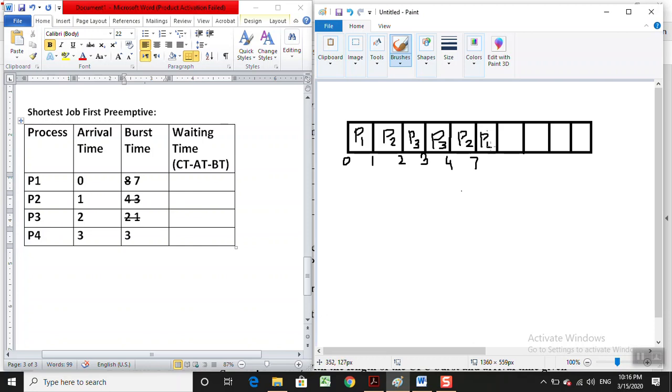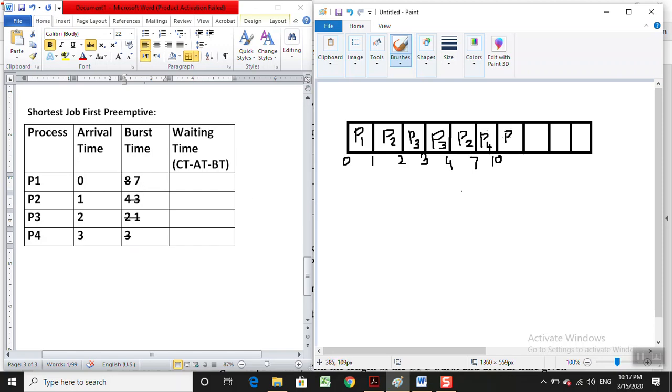P4 will be scheduled and this is also done. So how long does it have to continue its job? Until 10 milliseconds. That is 7 plus 3, 10. So what is remaining now? P1 is remaining.